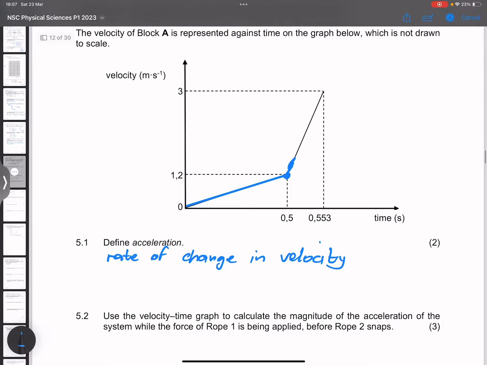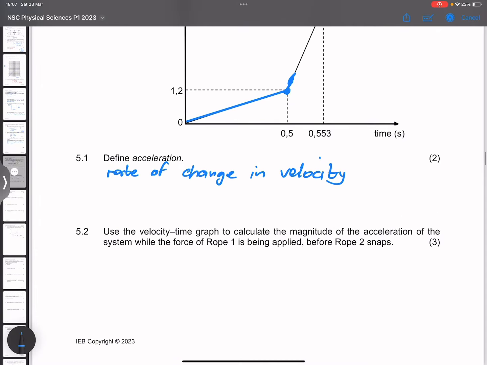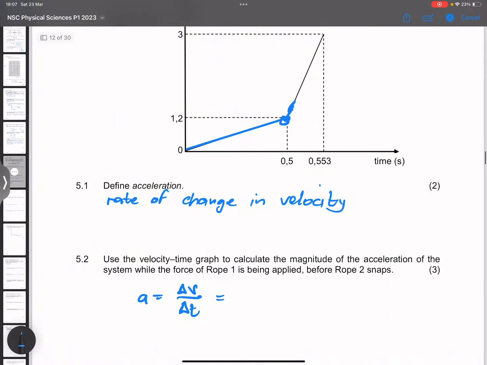Now remember, in this case, to get the acceleration, this is a velocity time graph. So we're going to calculate the gradient of the graph, right? So we're going to say acceleration is change in velocity divided by change in time. So I'm going to take the values there. That's 1.2 and 0.5.